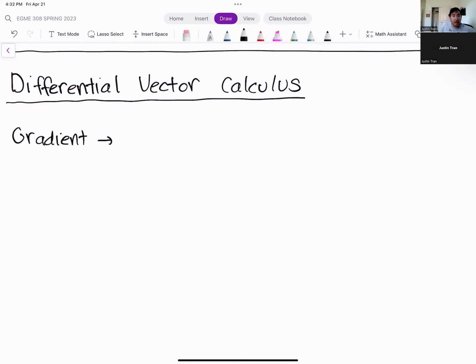Okay. And so the gradient is a derivative type operator, which you can perform on a multivariate function.